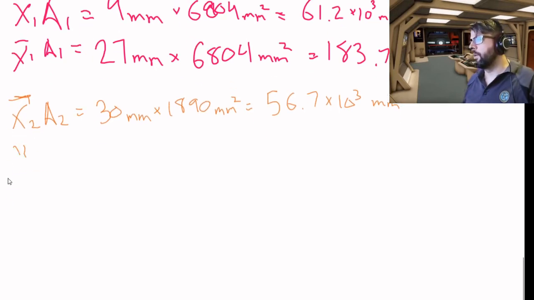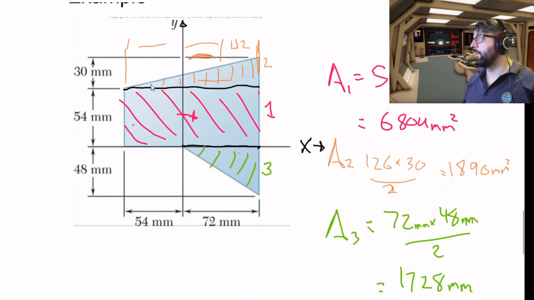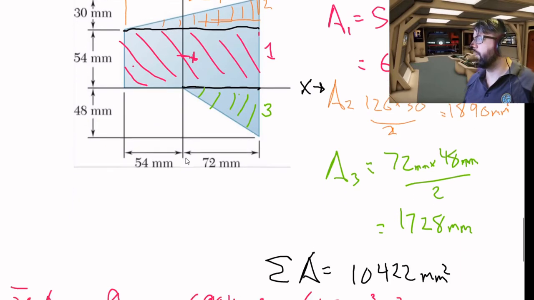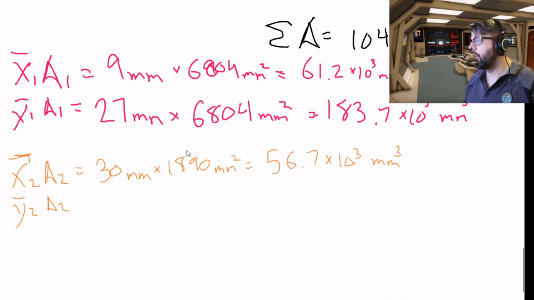Same deal for ybar. So there, we're going to be working at 1/3 of the way up this base. So the base is 30 millimeters, so our ybar is going to be the 10 millimeters from the base up to here, plus the 54 millimeters from there to there, so 64 millimeters.